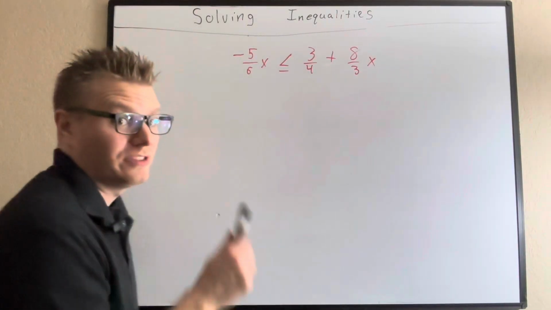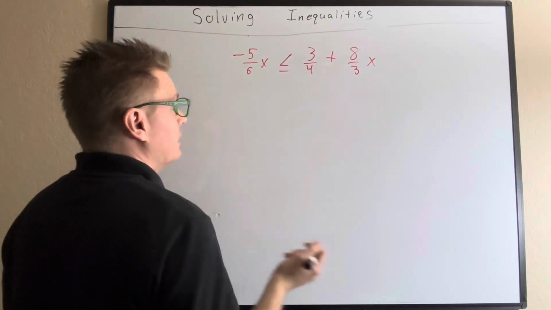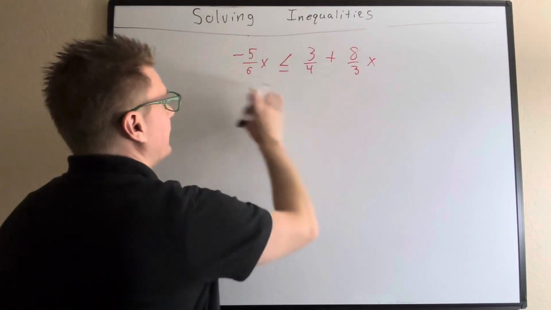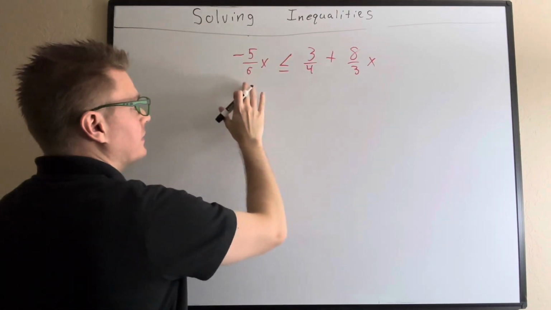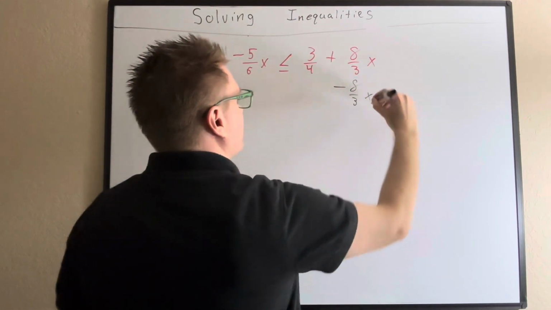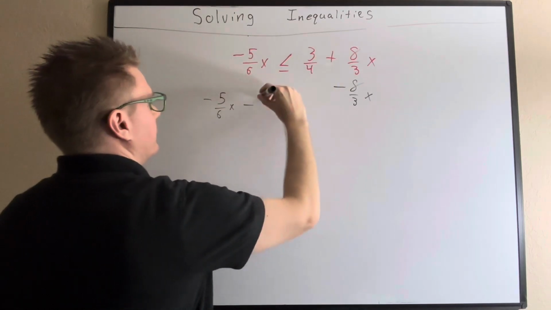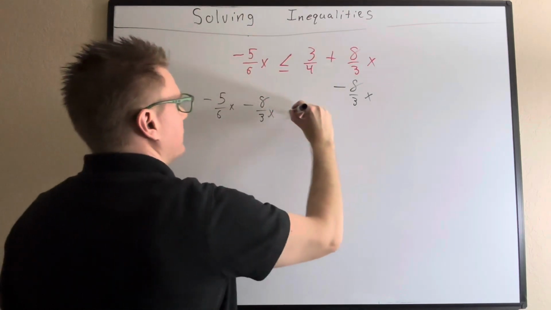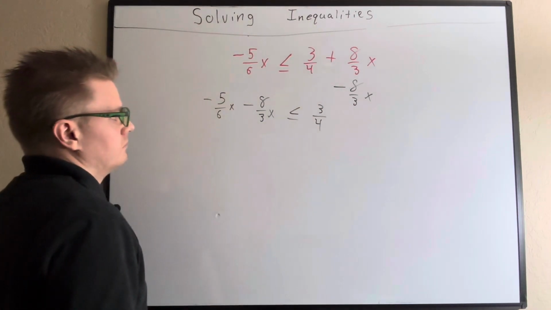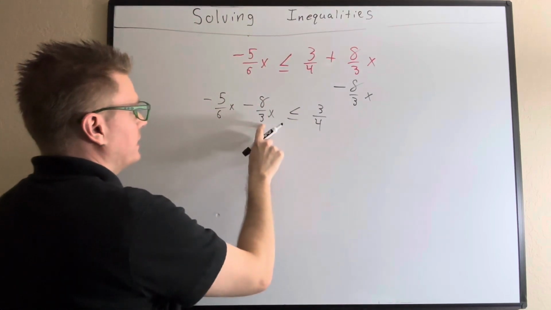All right, one more example with fractions, and then we're done. So what do we do here? Well, we want to get the x's together. So we need to subtract 8/3 x from both sides. So negative 5/6 x minus 8/3 x is less than or equal to 3/4. We need a common denominator to subtract them.